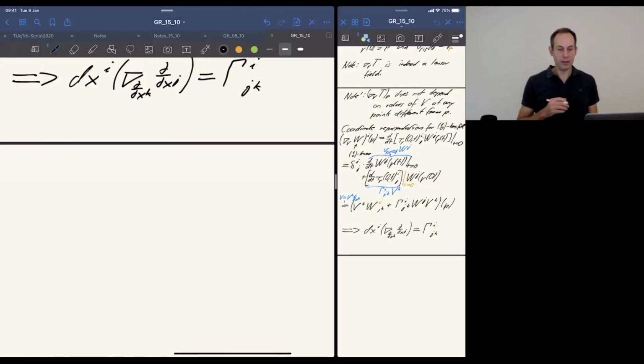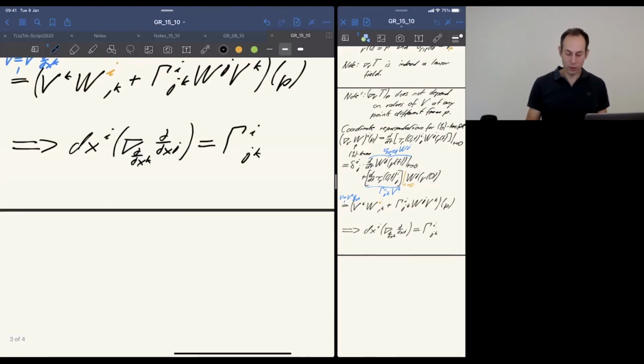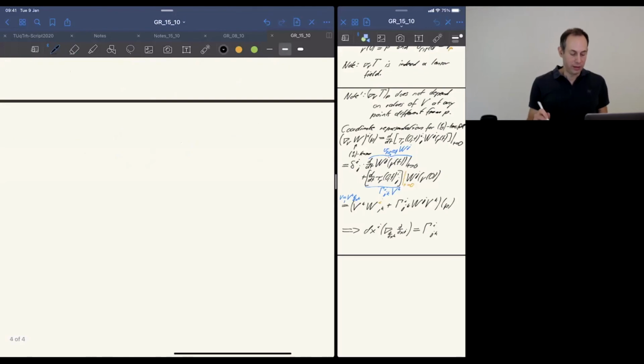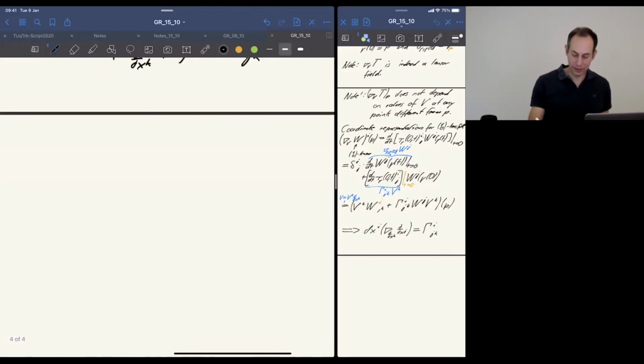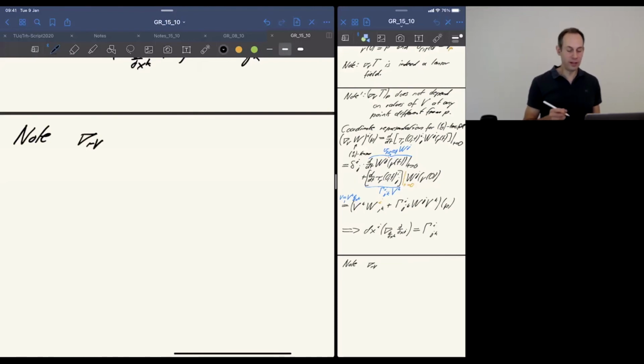Okay, so after this break, let me say a few more things about the covariant derivative. One thing that is also worth a note is the following. If I take the covariant derivative in the direction of a vector that I scale with a real number r.